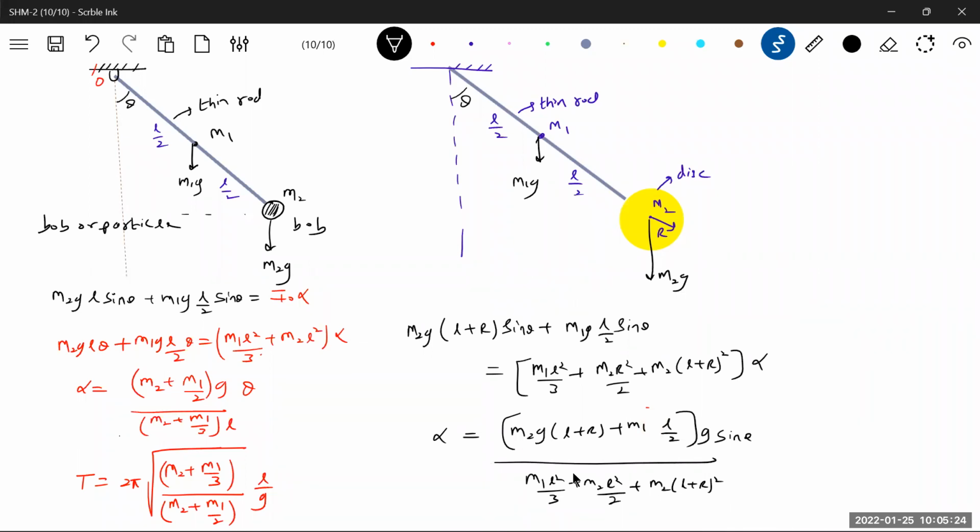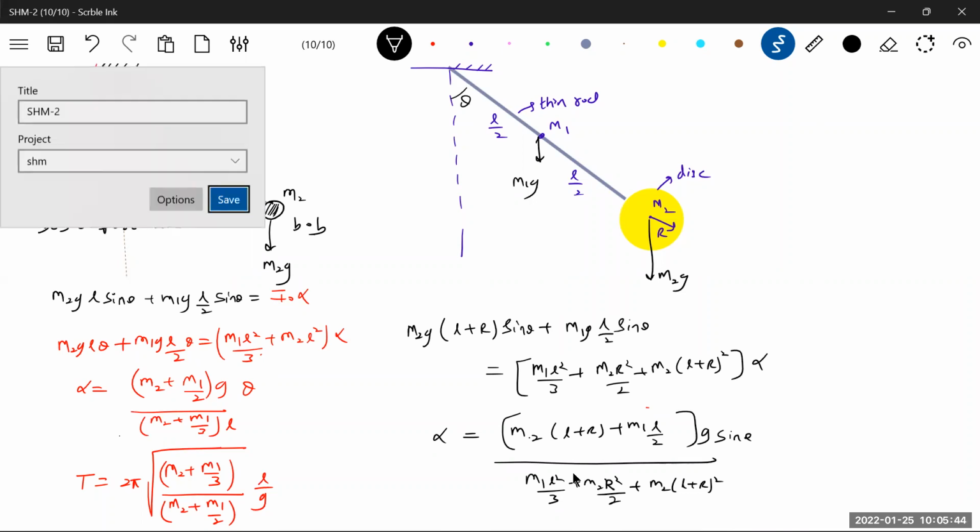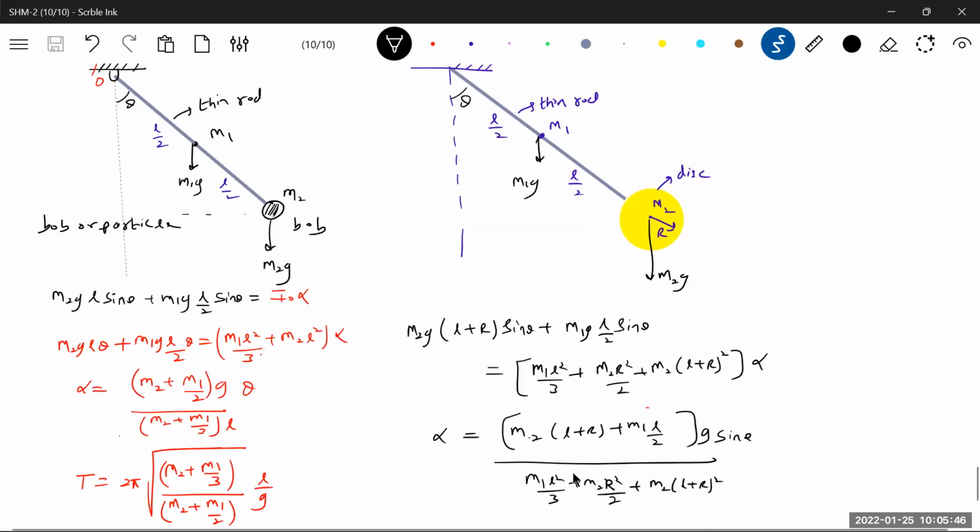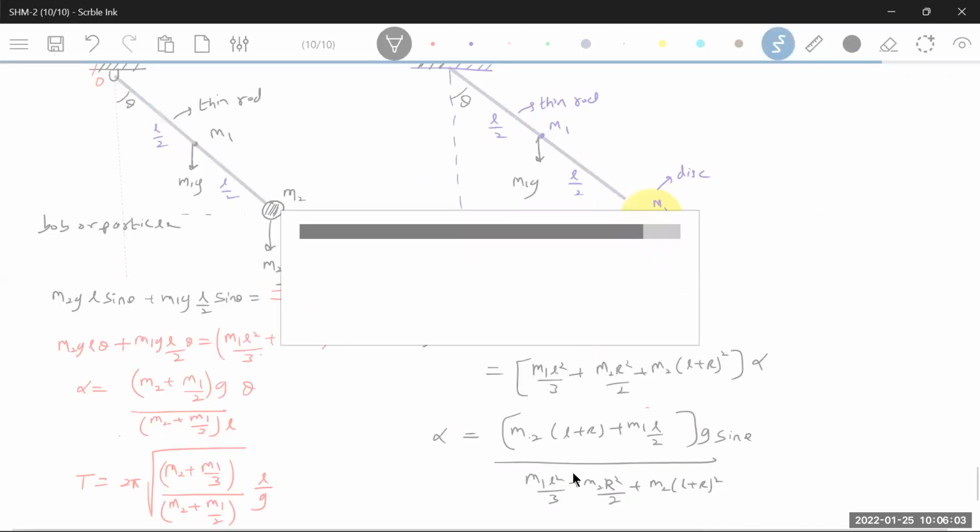G alone I'll bring outside. I think it's all about calculation of moment of inertia, no? The rigid body oscillations. Anybody having doubt, you can clarify.